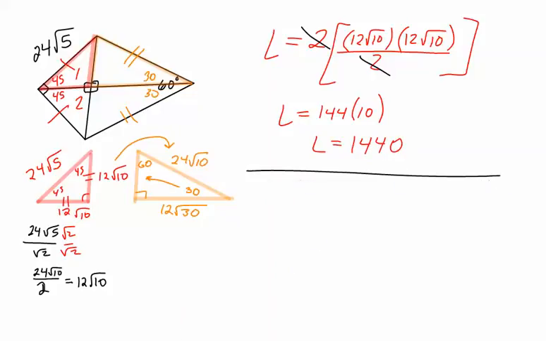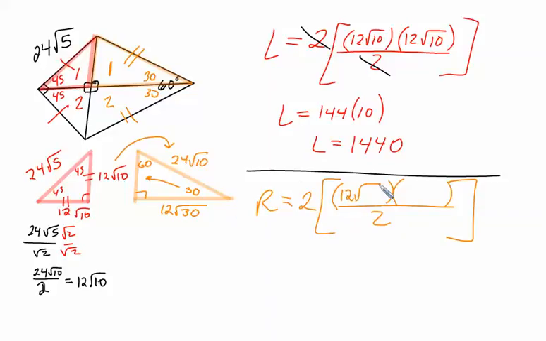Now we're going to transition and look at the right-hand side of the kite, this triangle right here. And again, there's two of those triangles in the picture as well. So we have two triangles, each of which is some base times some height divided by 2. The base is 12 square root of 30 and the height is 12 square root of 10. Notice again that the 2's cancel.